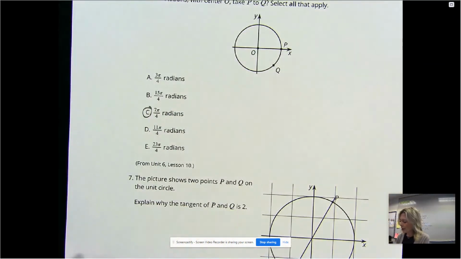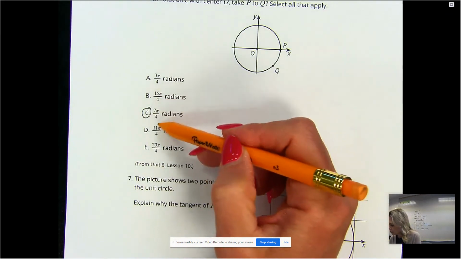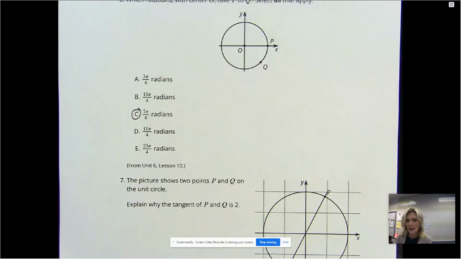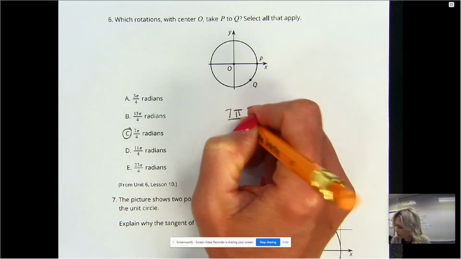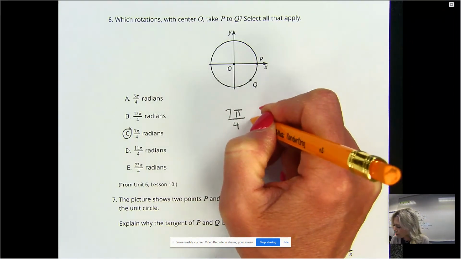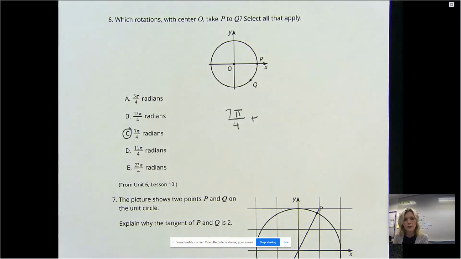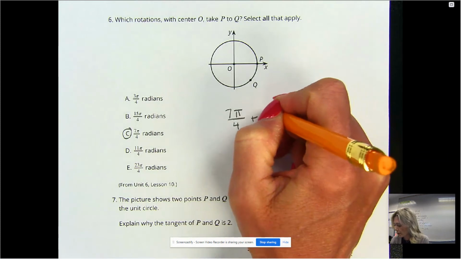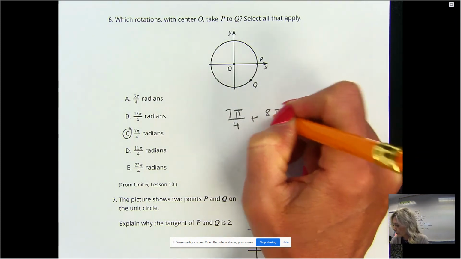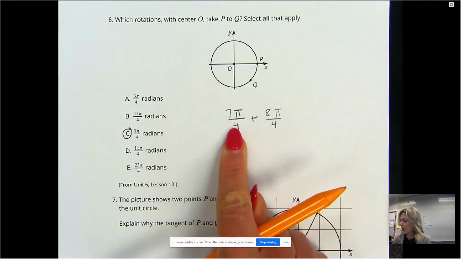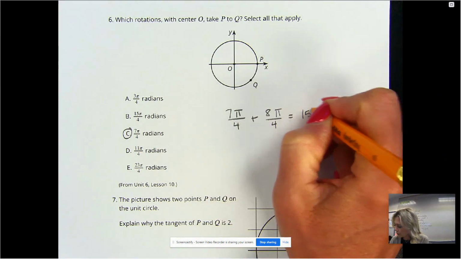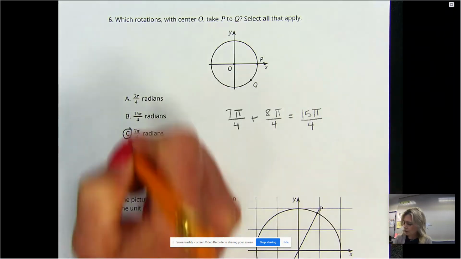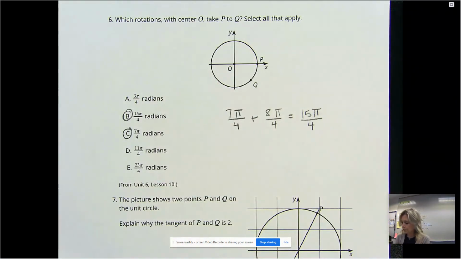Now the other ones, I don't have any negative angles, so I'm just going to start adding 2 pi. So 7 pi over 4 plus 2 pi. So in fourths, 2 pi is equal to 8 pi over 4. When you add those together, you get 15 pi over 4, which is answer choice B.